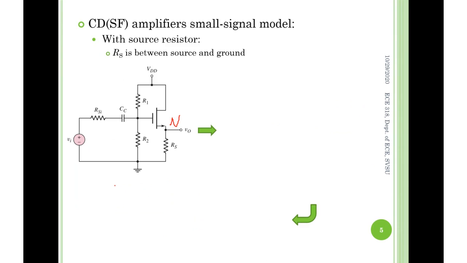The common drain. Shane is right. Why is that common drain? Input is given to the gate. Where's output? Output is at source, right? Output is source. Look at the arrow. Output is the source, leaving the drain as the common terminal, the common drain.